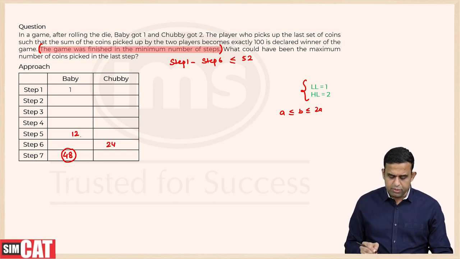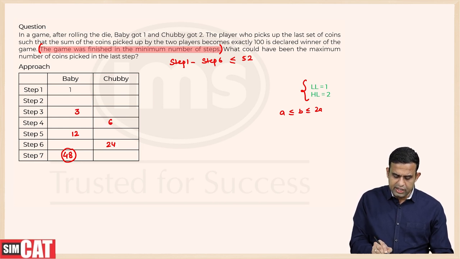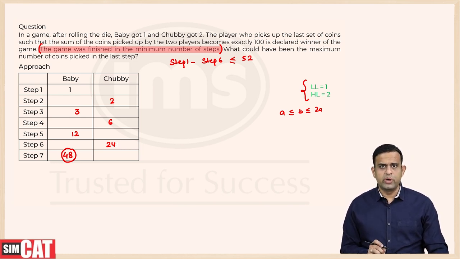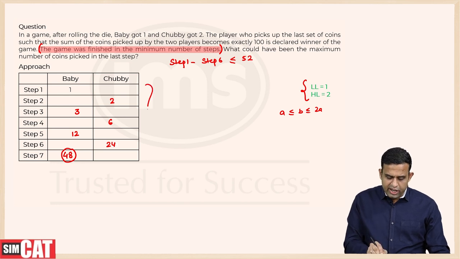Again, half will become 12. Half will become 6, then 3, then 2. So if you look at right now, the sum of 1, 2, 3 is 6, plus 6 is 12, plus 12 becomes 24, plus 24 becomes 48. So right now this total is giving you 48.